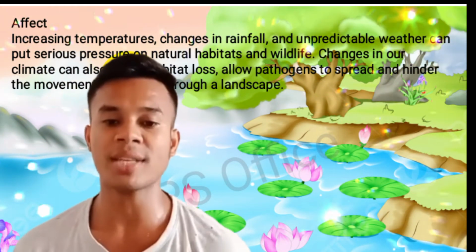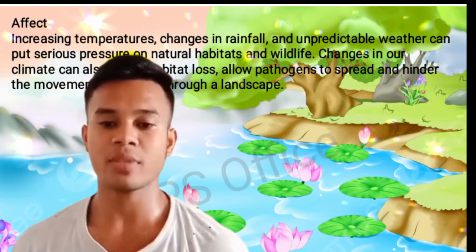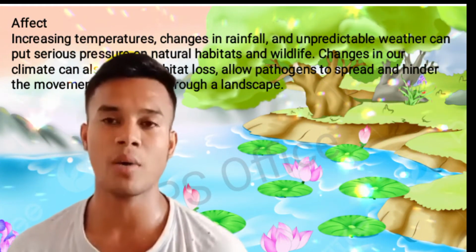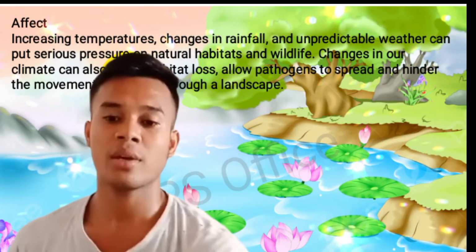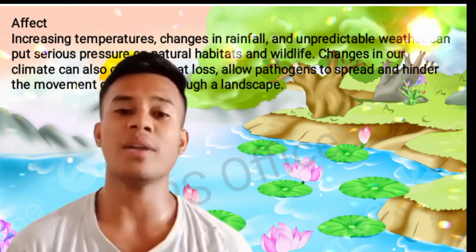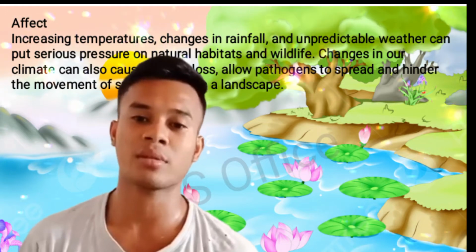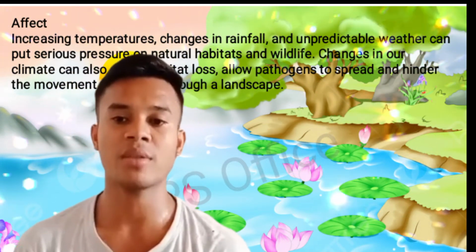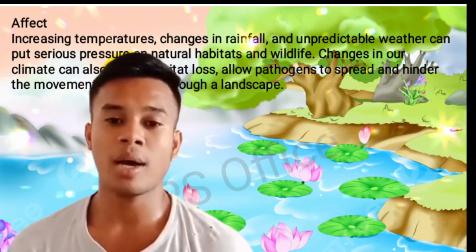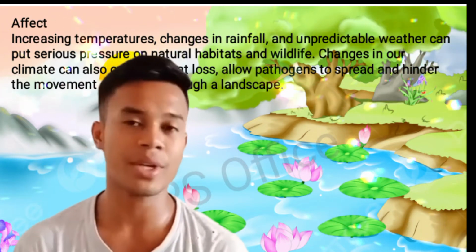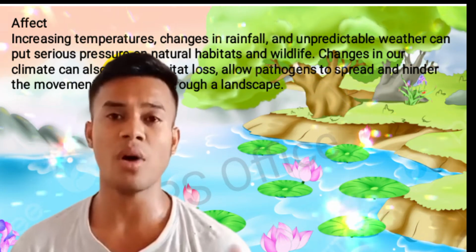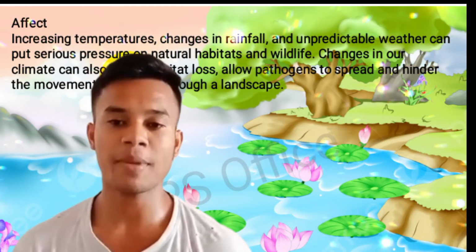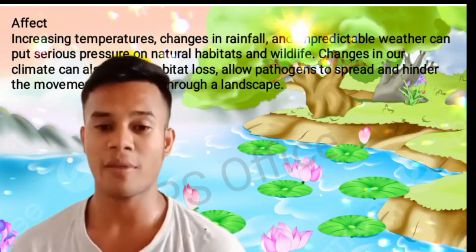Pollutants such as acid rain often speed up the weathering or breakdown of the earth's rocky surface. Increasing temperatures, changes in rainfall, and unpredictable weather can put serious pressure on natural habitat and wildlife.